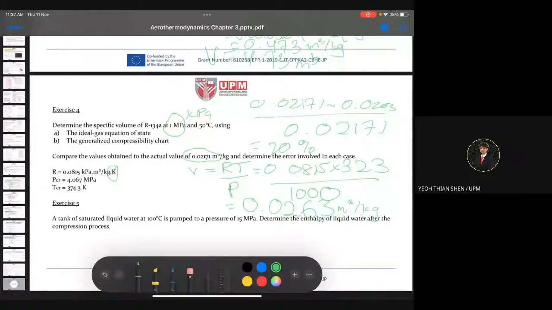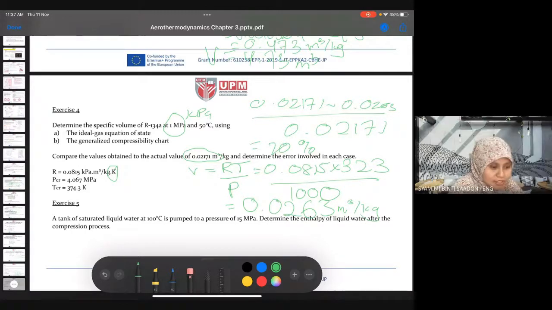Sorry, doctor. May I ask where did we get the pressure 1000? This is from here, 1 megapascal. We change into kilopascal because the gas constant is given in kilojoule per kilogram, with kilopascal.